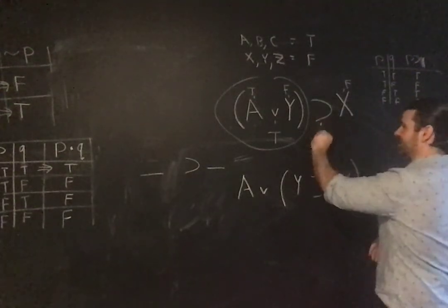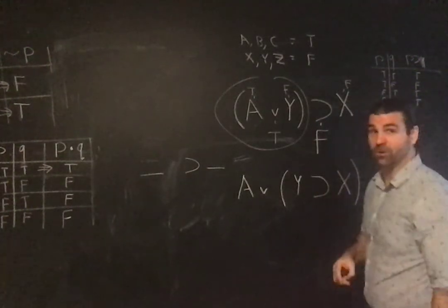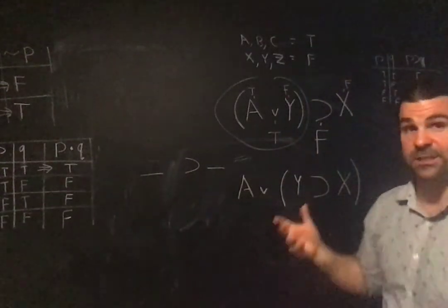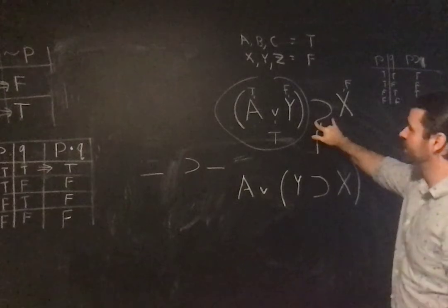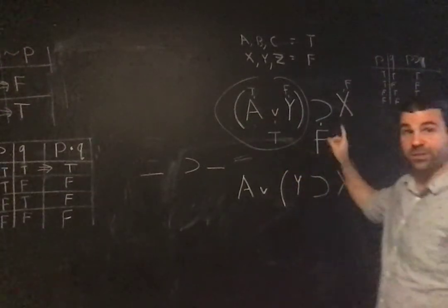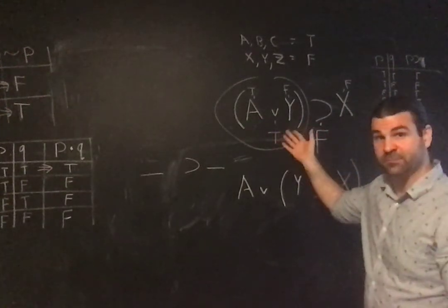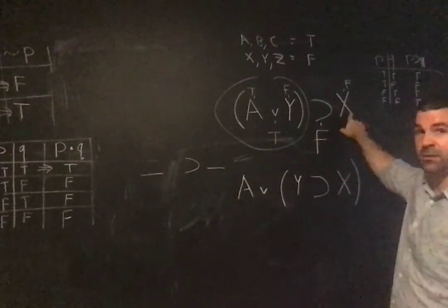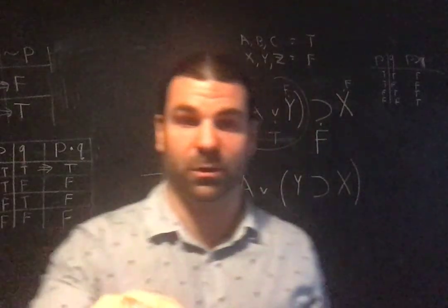So this is actually false. So the formula as a whole is false. But you've got to recognize that that's what this is. It's a conditional where the antecedent is a disjunction. So I first have to calculate the truth value of that to know what the truth value of the final thing is.